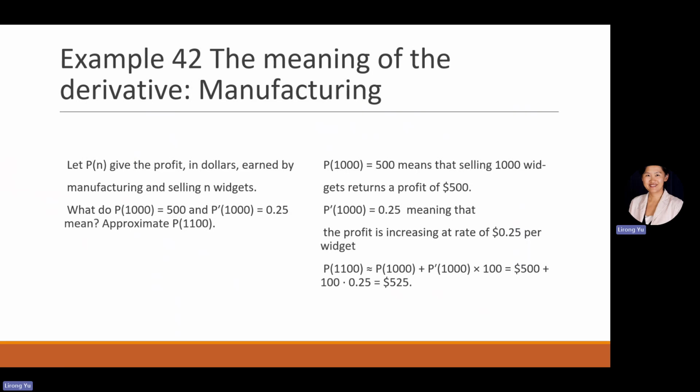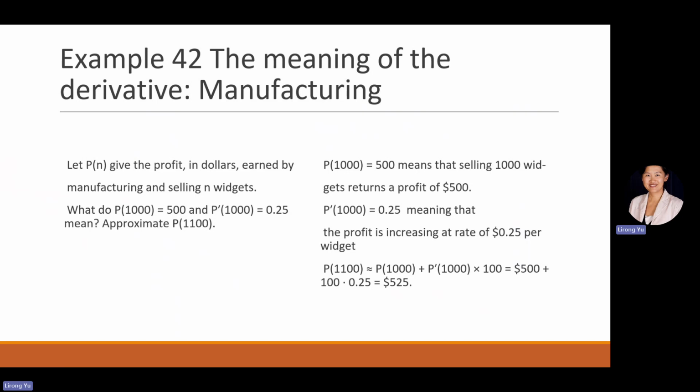So then we can use it to approximate: what if you manufacture 1,100 products, what's the profit? Understandably, ideally, if you make more products, you should have a higher profit. But as you manufacture more products, it involves costs. So we want to see if the actual profit is worth the cost. But let's try to estimate the profit first. If it's 25 cents per product, this is 100 more products, right? So you would take the 25 cents multiplied by that 100 extra. This is subtraction: 1,100 minus 1,000 is 100.